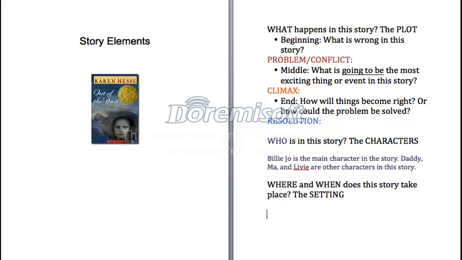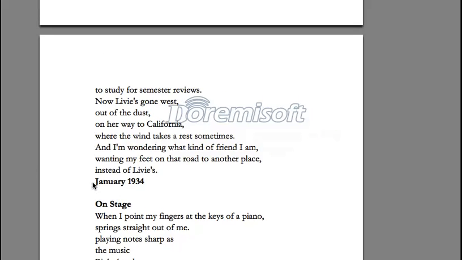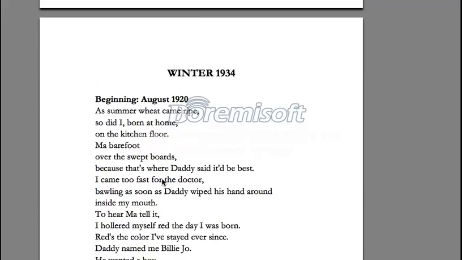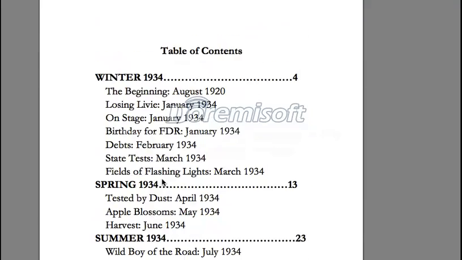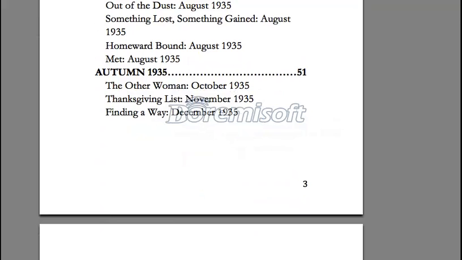Okay. Next, let's think about the where and the when, or the setting of this story. So we know, first of all, thinking about the when, pretty easily when the story takes place, because every poem ends in a date, a month, and a year. We also know, from looking up here at the table of contents, this story begins in the winter of 1934 and ends in autumn of 1935.